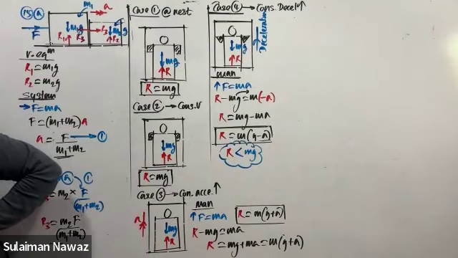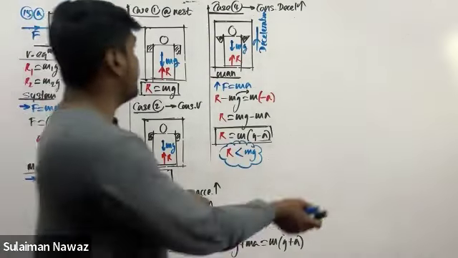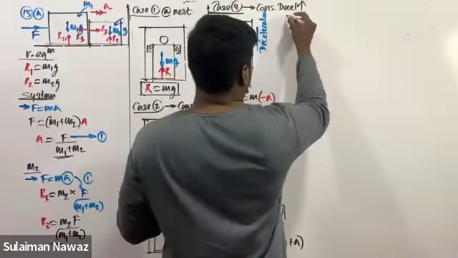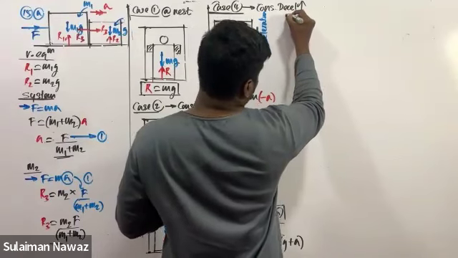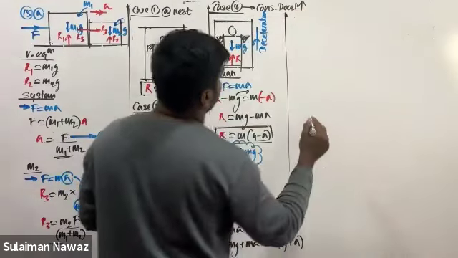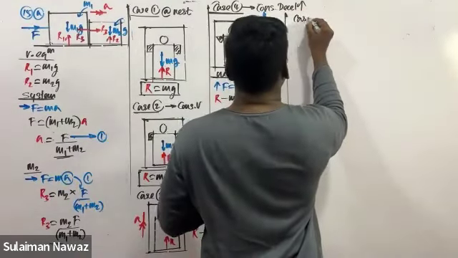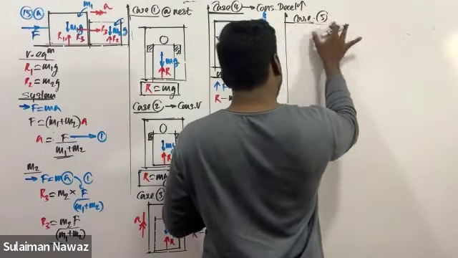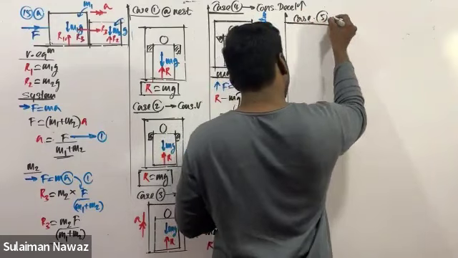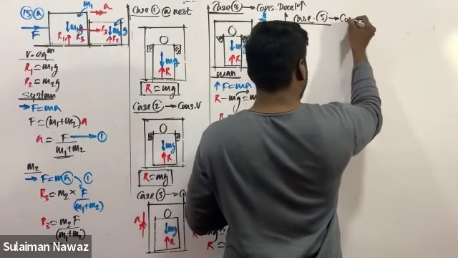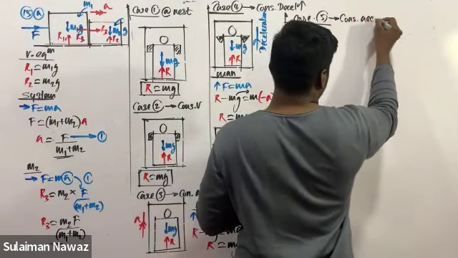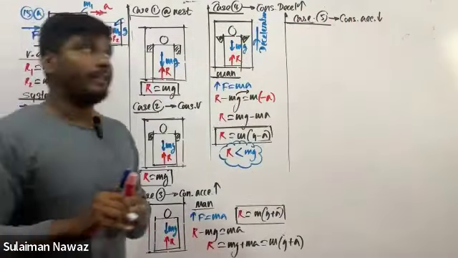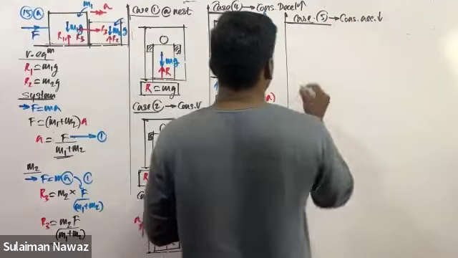Now draw the diagram for case 5. This time the lift is moving downwards, accelerating downwards with constant acceleration. In that case, what will happen?